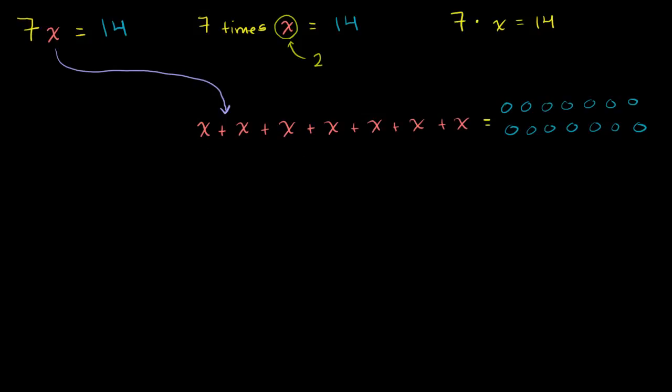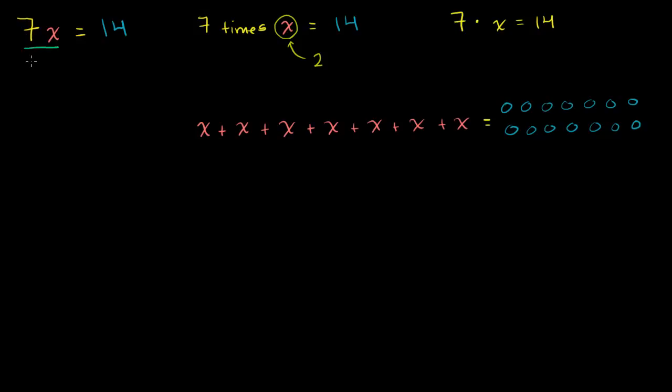So let me erase this right here. So the standard step whenever, oh, I didn't want to do that. Let me do this, and let me draw that last circle. So in general, whenever you simplify an equation down to a coefficient, which is just the number multiplying the variable, so a coefficient times a variable, equal to something else, what you want to do is just divide both sides by 7 in this case, or divide both sides by the coefficient.